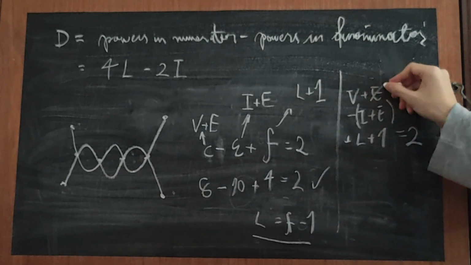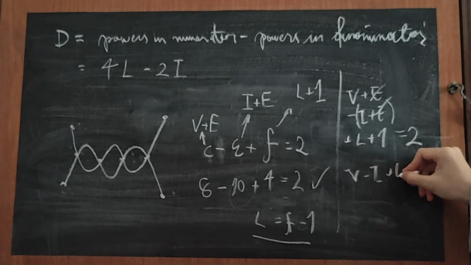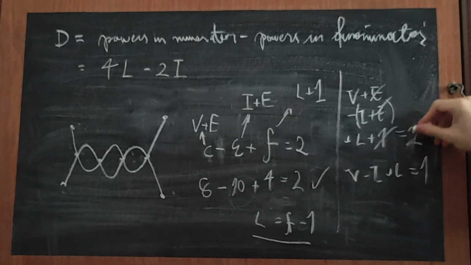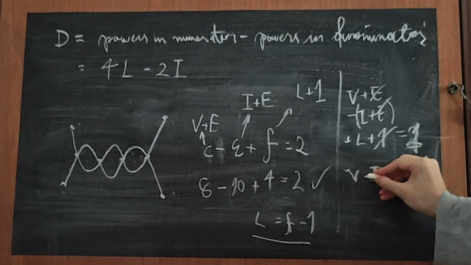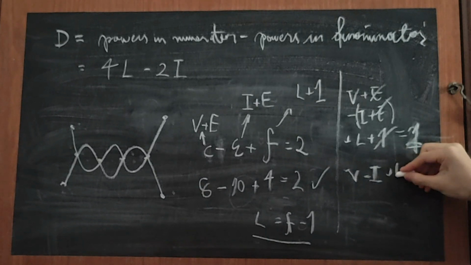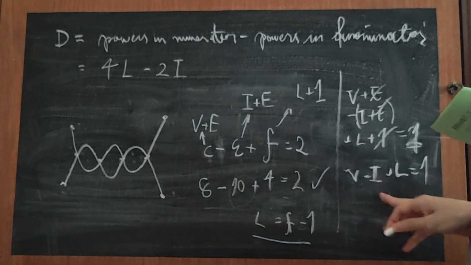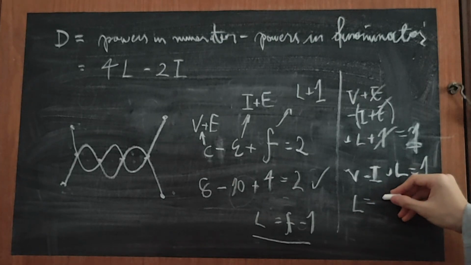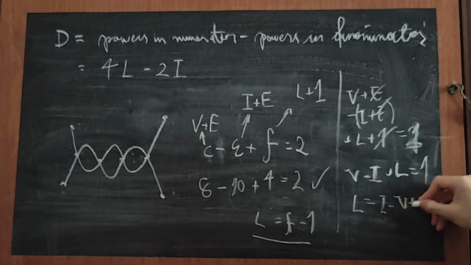Okay, and the E's cancel out, we get V minus I plus L equals 1, because the 1 moving over to this side becomes 1. And in fact, we can rearrange this: L is equal to I minus V plus 1.